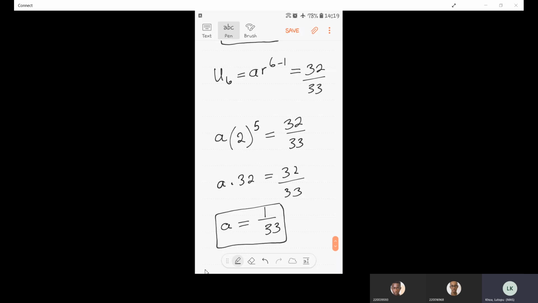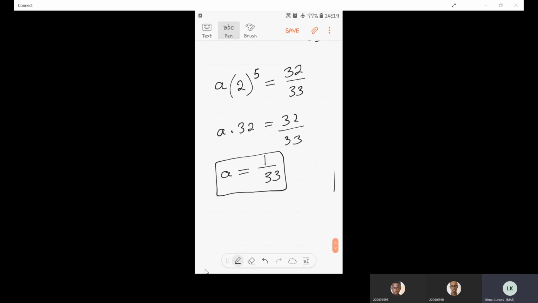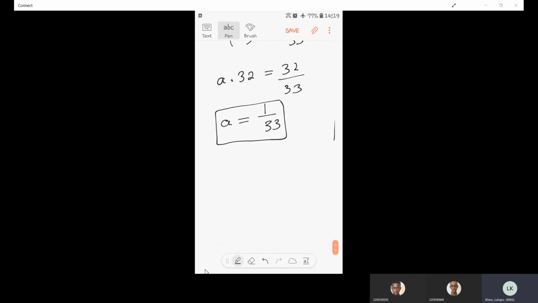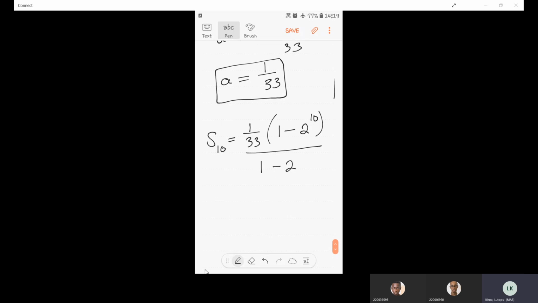So I have my A and I have my R. The only thing left is to work out the sum of the first 10 terms. So S10 is A, which is 1 over 33, multiplied by 1 minus R to the power of 10, so this is 2 to the power of 10. Then I divide this by 1 minus 2.